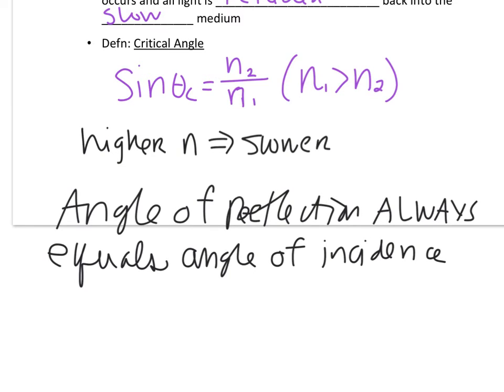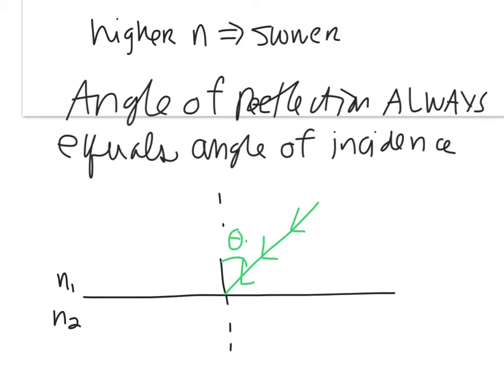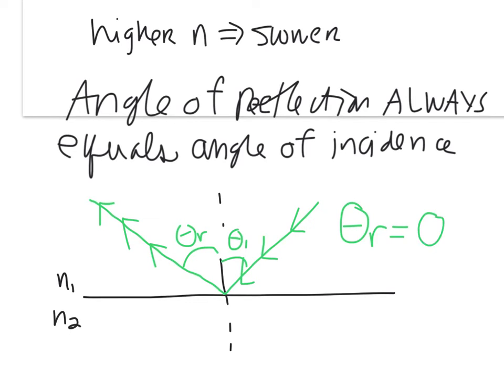In other words, here's a change in medium, N1, N2, and here's the normal line. You have an angle here, so this would be your incident ray. A ray comes in and it doesn't refract. The reflected angle, call that theta r, should be equal, and that was not drawn to scale. So the angle of reflection is always, always, always, always equal to the angle of incidence.